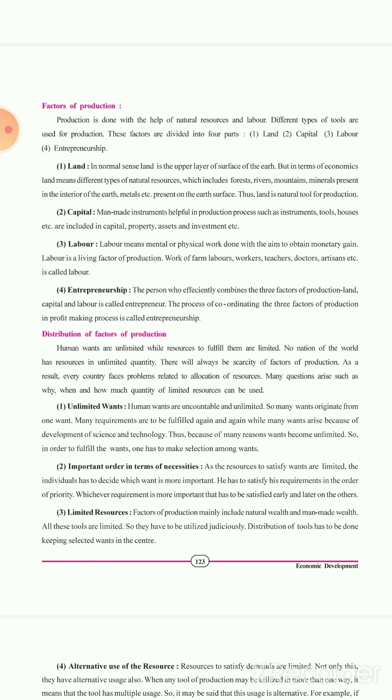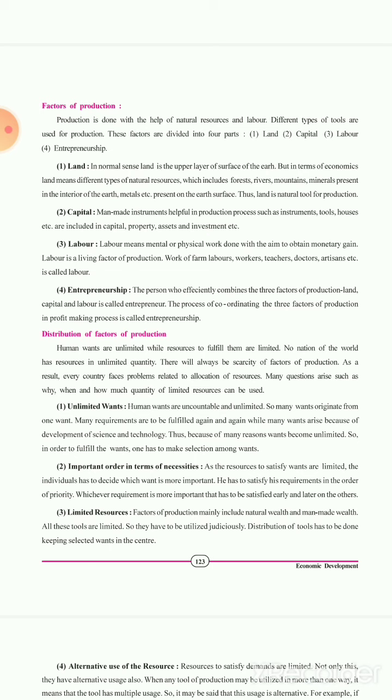Labor. Labor means mental or physical work which is done with the aim to obtain a monetary gain. And so, labor is a living factor of production. Fourth, entrepreneurship. This is a French word, entrepreneur. A person who involves himself and gets all the three factors together, that is land, labor, and capital, for a production process is termed as entrepreneur.